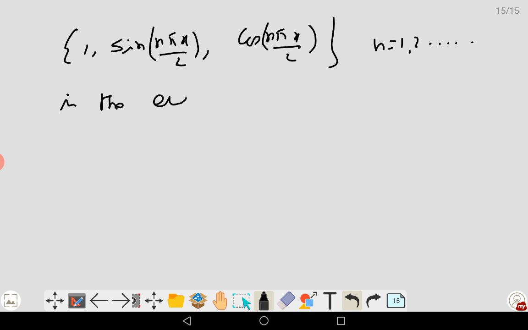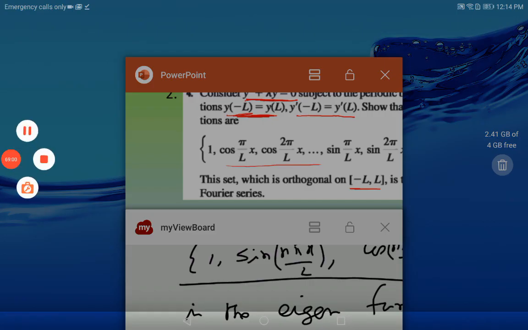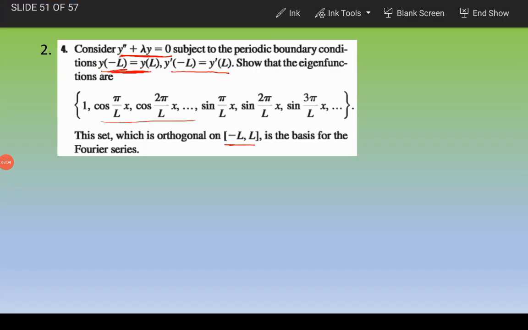These are the eigenfunctions of the given Sturm Liouville boundary value problem, isn't it? Okay, we have already proved they are pairwise orthogonal in the previous chapters. So that's the end of problem number 3.